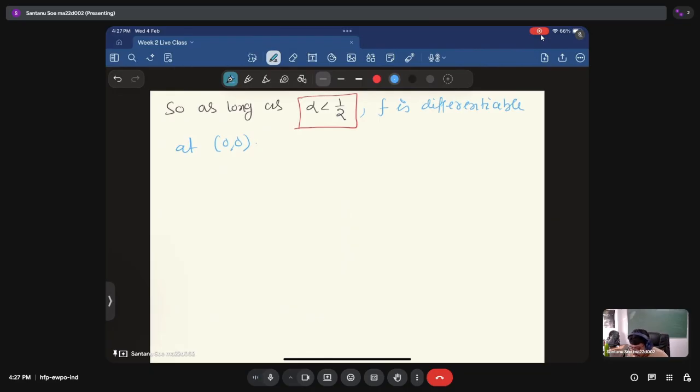One to find out the values of alpha for which the function is continuous at (0, 0), and similarly the values of alpha for which the function is differentiable at (0, 0). Okay. So now we're going to go on to the next question. So this will be question number 7.